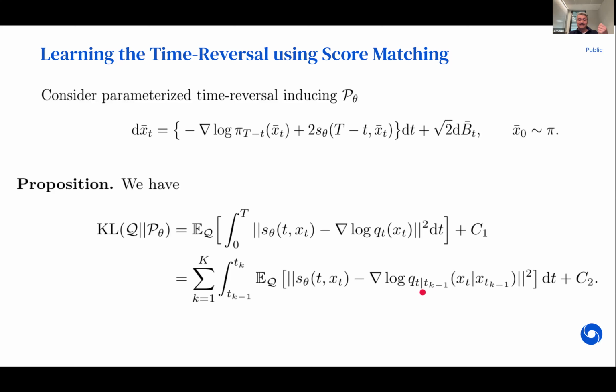You don't have access exactly to this expression for complicated diffusions, but you make an approximation of that, and that gives you a criterion that you can minimize using your favorite stochastic optimization algorithm, so as to learn an approximation of the score, and so an approximation of the time reversal of the diffusion initialized at pi.